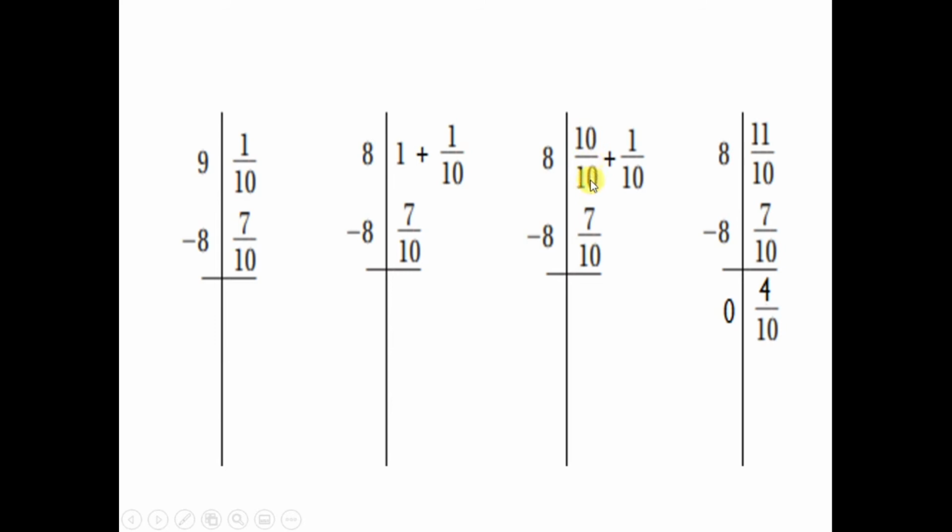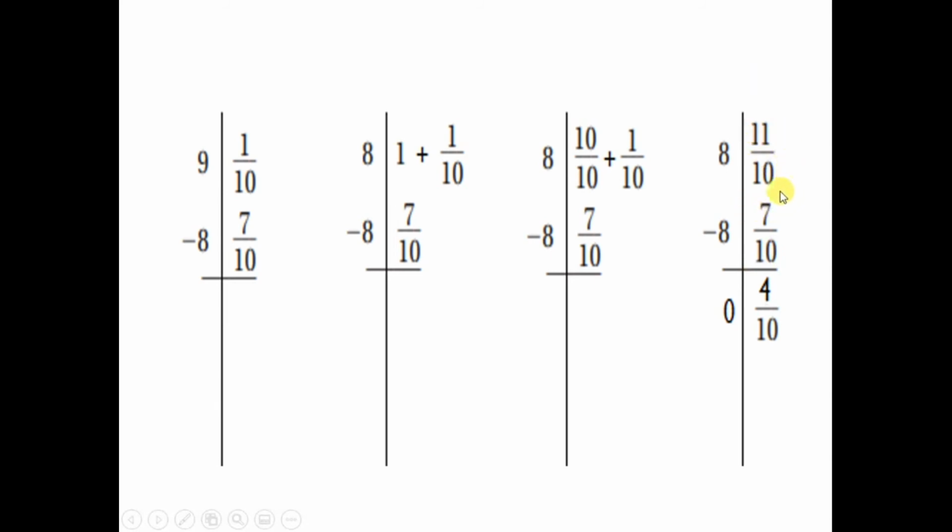So it will be 10 over 10. Now the fractions, we add them together to make it bigger. How to add two fractions with the same denominator? Keep the denominator, add numerators. So what is the denominator? It's 10. Add numerators. 10 plus 1 is equal to 11. It's an improper fraction, but it will help me to subtract. There's no problem at all. Now, can I subtract now?